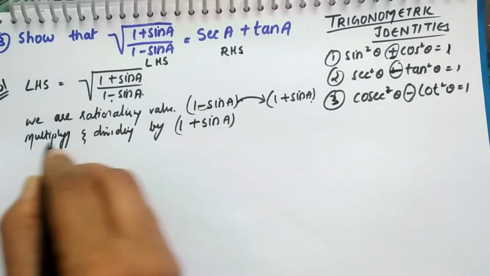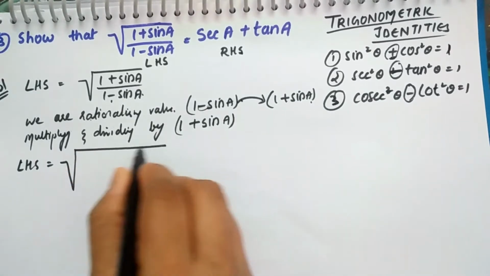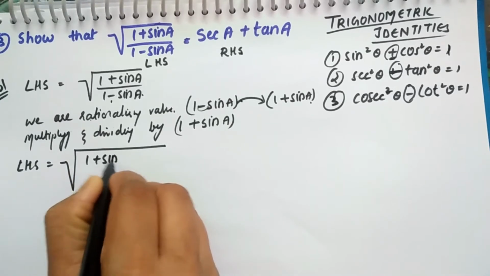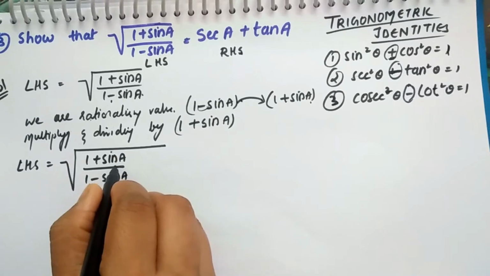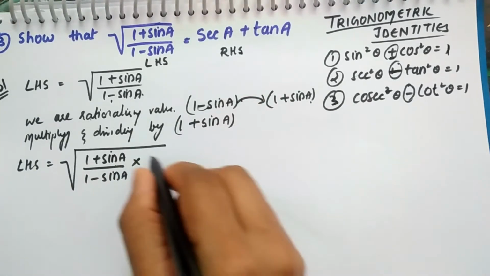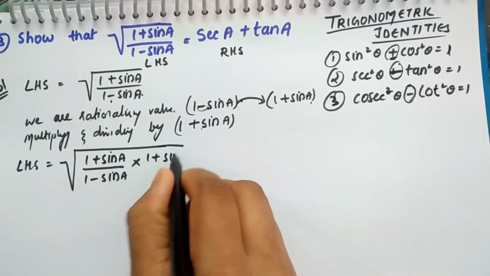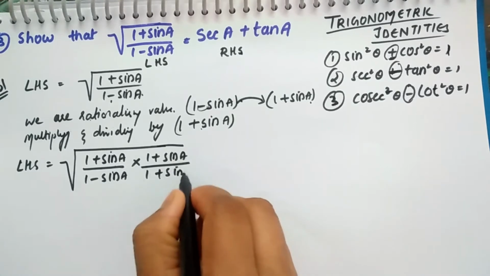Now let us solve further. We will take all these things under the root itself: (1 plus sine a) divided by (1 minus sine a). This is already given. What we are additionally multiplying and dividing with is (1 plus sine a) divided by (1 plus sine a).